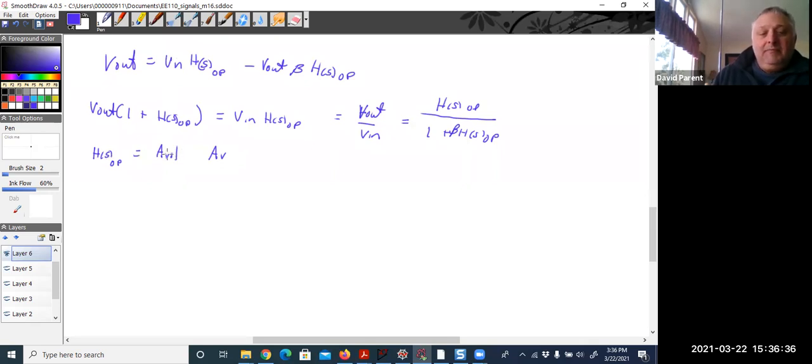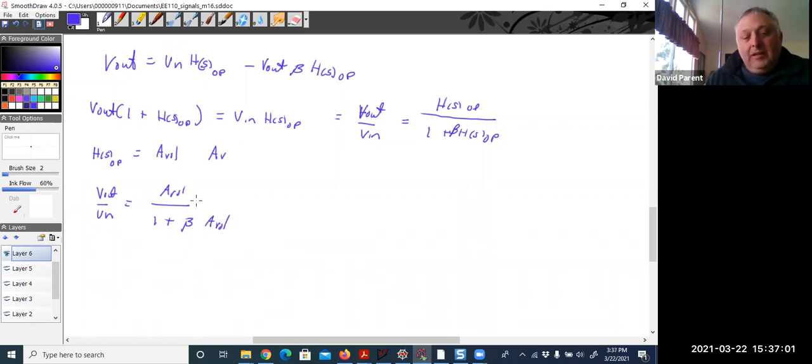So what if that's what it is? All right. So Vout over Vin equals the open loop gain over 1 plus beta times the open loop gain.